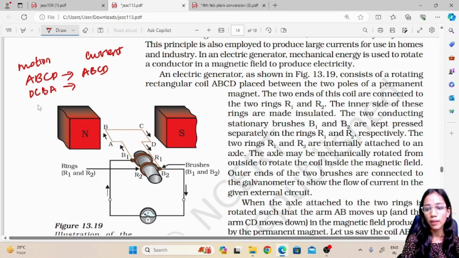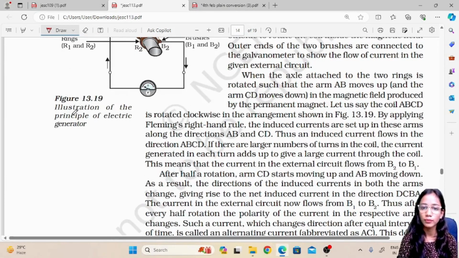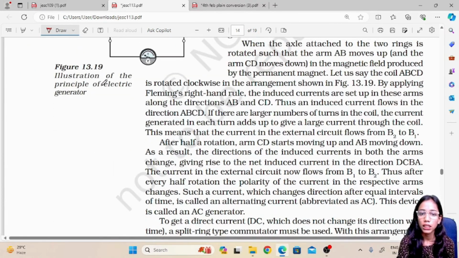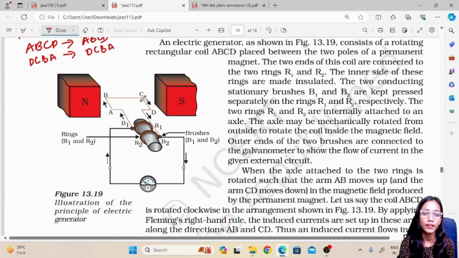Again applying Fleming's right hand rule, the current also moves in the same direction, DCBA. We can see that the directions of the induced current in both the arms change, giving rise to the net induced current DCBA. Such a current which changes direction after equal intervals of time is called an alternating current. The direction of current changes on its own after every half rotation.